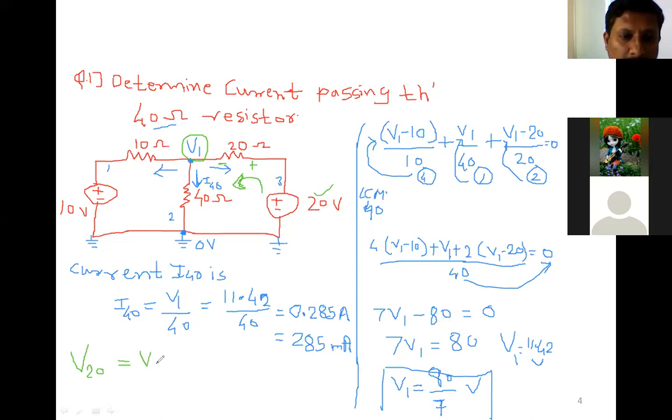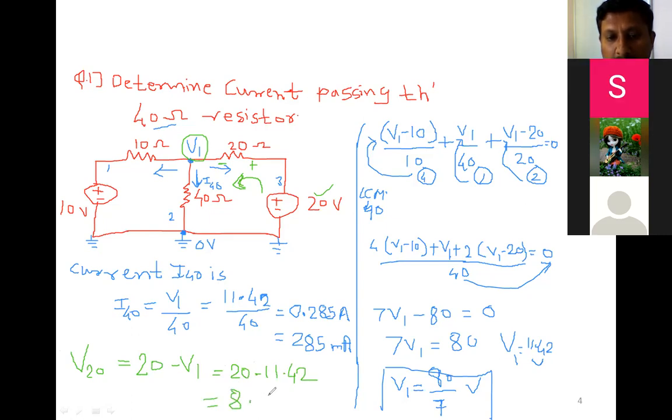If you are taking according to this symbol, it will be 20 minus V1, because the potential difference between 2 points is nothing but the voltage across this 20 ohm. So it will give 20 minus 11.42. Subtract. So it is 8.58. So 8.58 volt will be the voltage across 20.